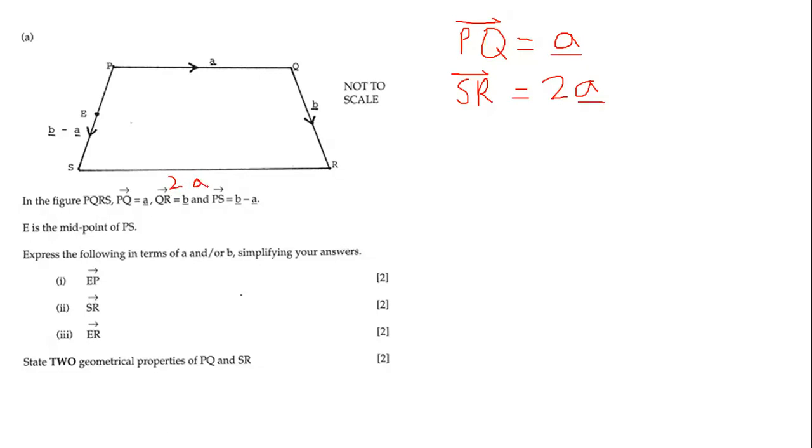So look at that: PQ is A and SR is 2A. And so what that is telling us is that SR is actually 2 times as long as A. Let me say it again. Since PQ is A and SR is 2A, SR is actually 2 times longer than PQ.